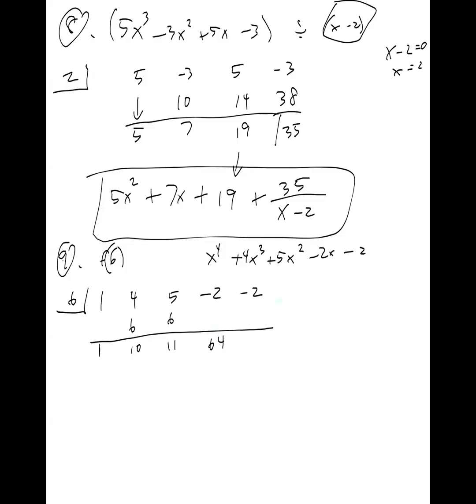My fault. 6 times 10 is actually 60, so that's 65. 6 times 65 is 360 plus 30, that's 390. Plus 2 minus 2 is 388. 6 times 388.